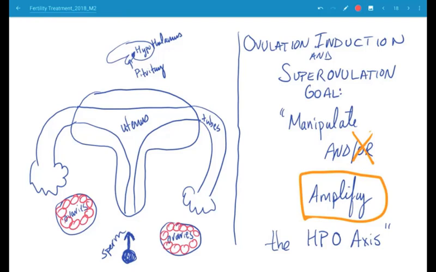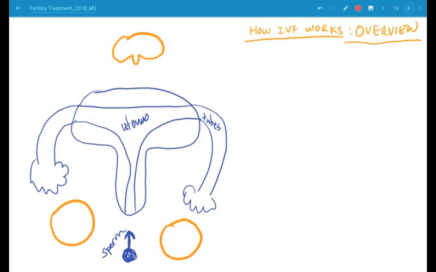So let's keep building here. Let's talk about how IVF works. So basically, it's an overview. In vitro fertilization takes principles from what we learned earlier about ovulation induction, and specifically superovulation, and just magnifies them and specifically amplifies them. So what we do with IVF is essentially use FSH and LH to optimize the maximum recruitment of the cohort of follicles.